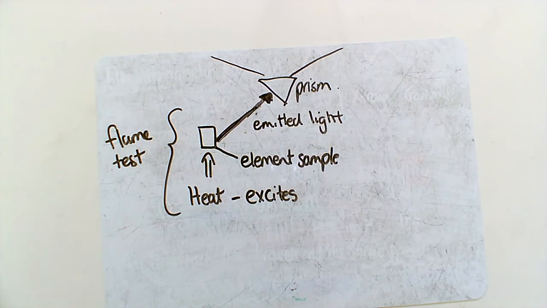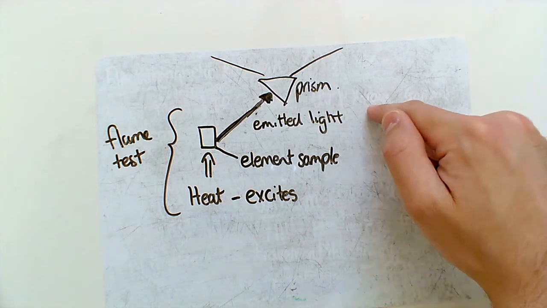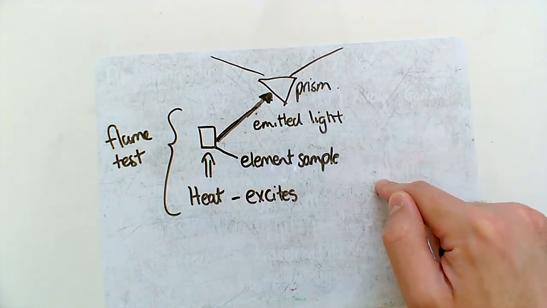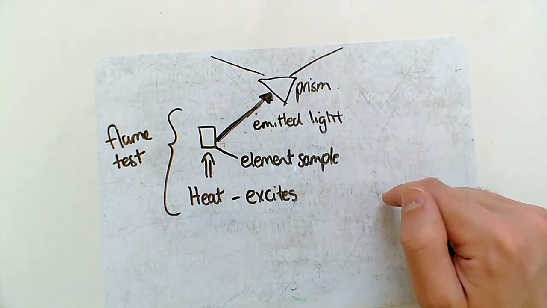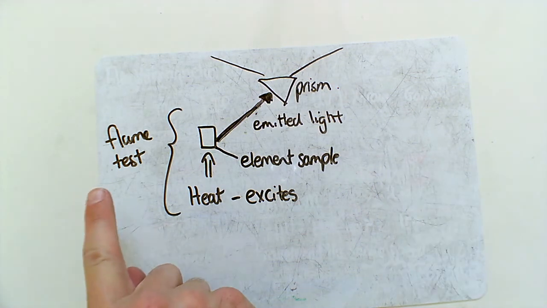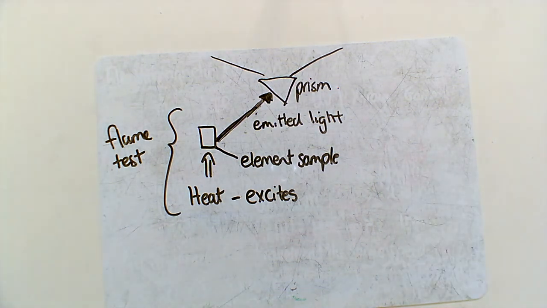The colour that you're seeing, and the reason why you see colour, is because you heat the sample, the electrons in each atom get excited up, then they fall back down to different energy levels, and they emit particular colours, and you can use those colours to identify what that is.